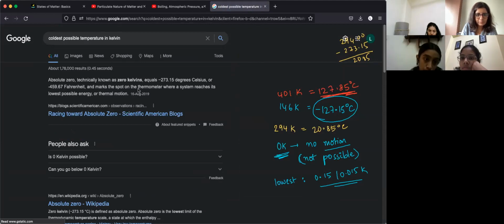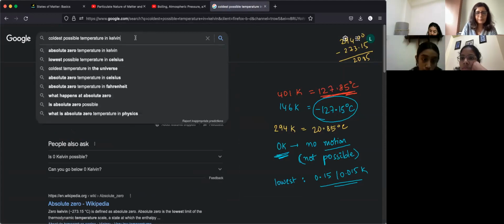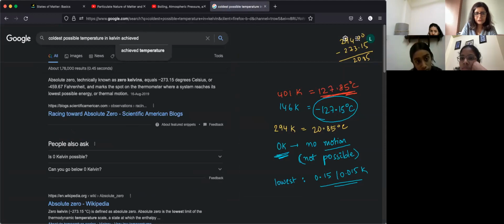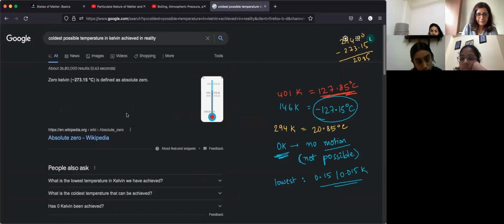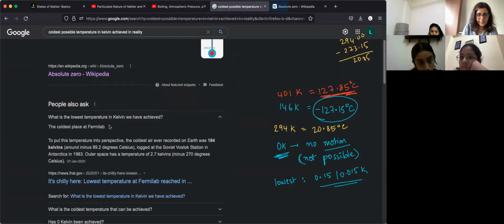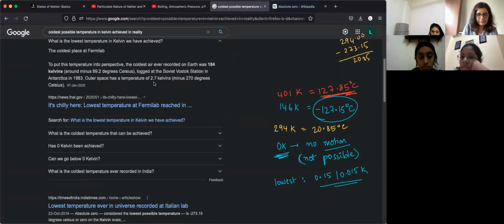Absolute zero marks a spot where there is the lowest possible energy. Let's look at Wikipedia. Outer space has a temperature of 2.7 Kelvin. It's not quite zero, it is a little more than zero, 2.7 Kelvin, but this is what we're talking about in outer space.